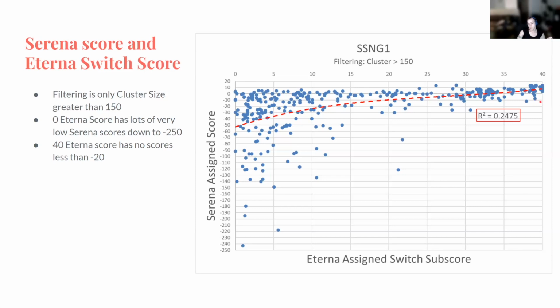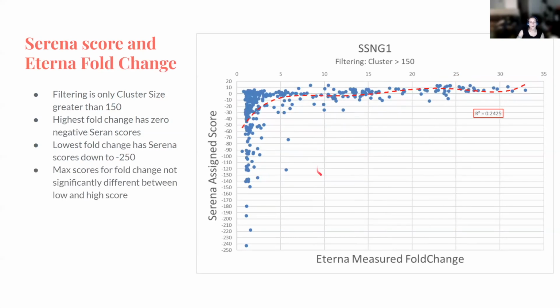Once again, nothing less than 20 up high. Down here, -250. Outliers are still there. And now you're looking at FoldChange, and you see that there's nothing less than 0 up here. You have really low scores for a low FoldChange.